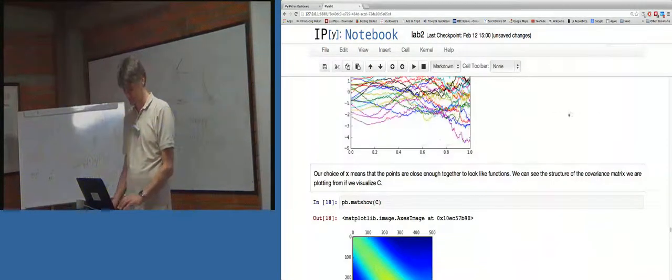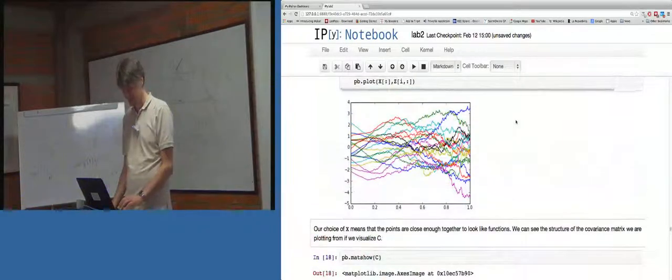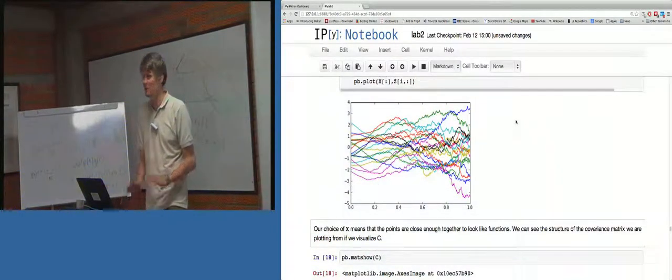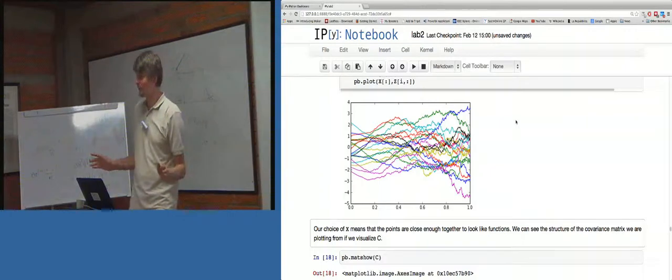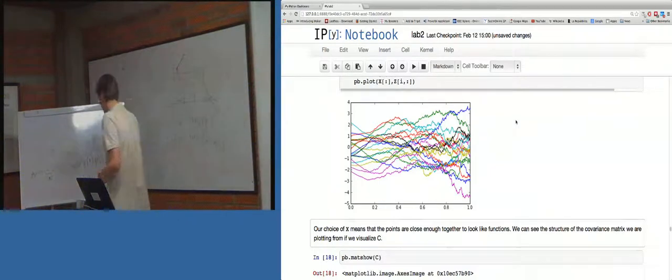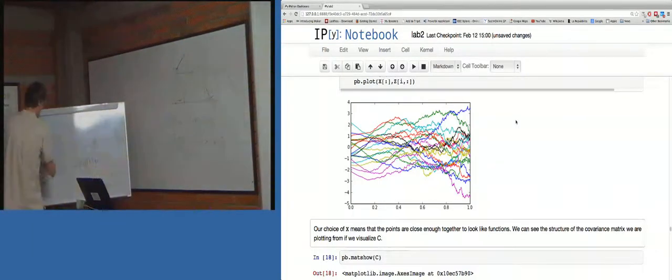That's going to be interesting. It's a valid covariance.